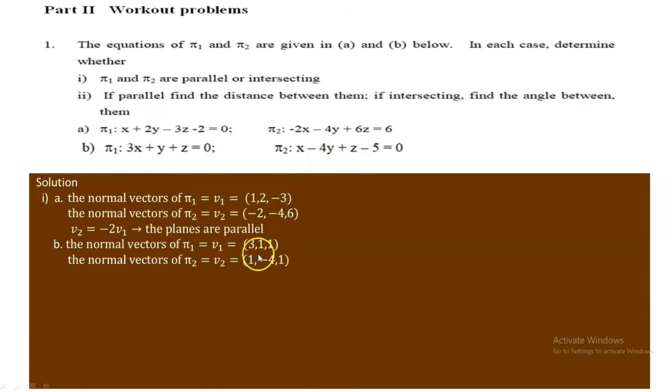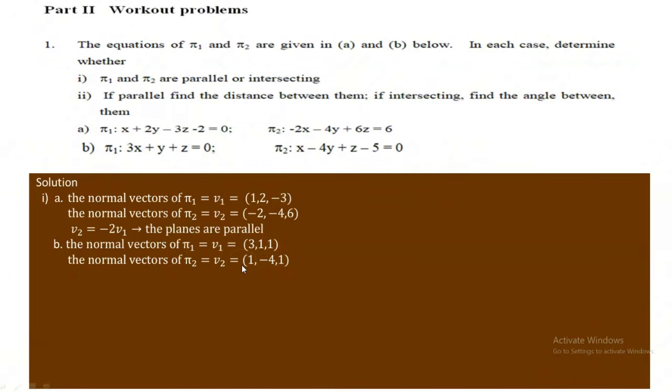When you observe these two, they seem neither parallel nor perpendicular, because if you look for the dot product of the two, 3 times 1 is 3, and 1 times -4 is -4. So 3 minus 4 is -1, and -1 plus 1 is 0. Sorry, students, these two vectors are perpendicular to each other.